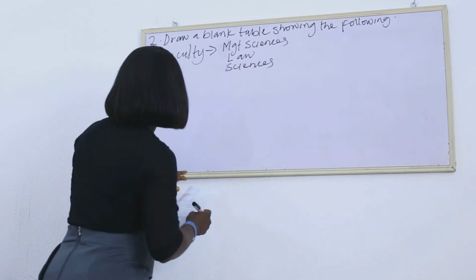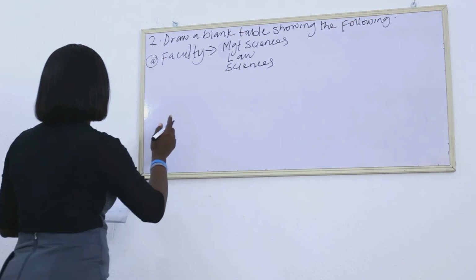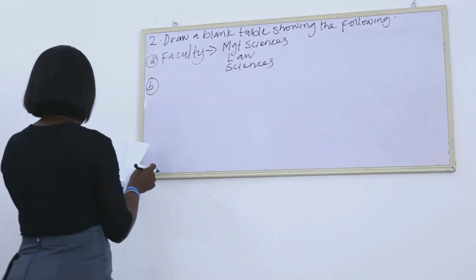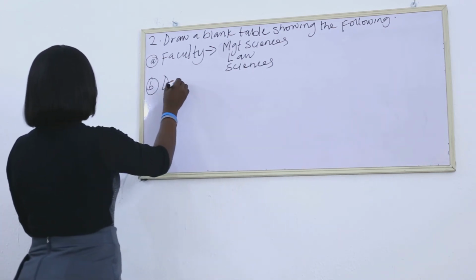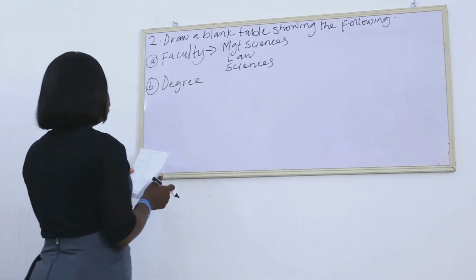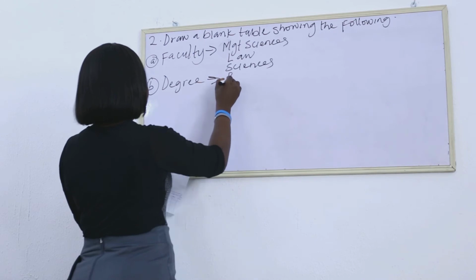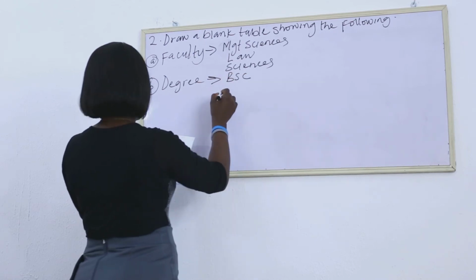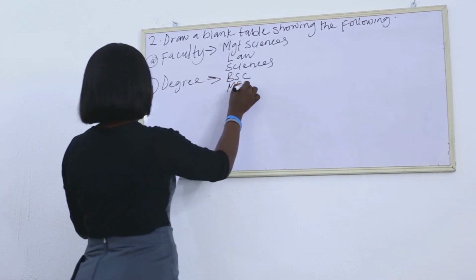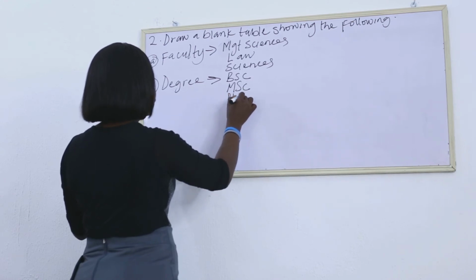We are representing 5 characteristics on a single table. Then the second characteristic is the kind of degree earned in each of these faculties. We are looking at BSc, MSc, and PhD.